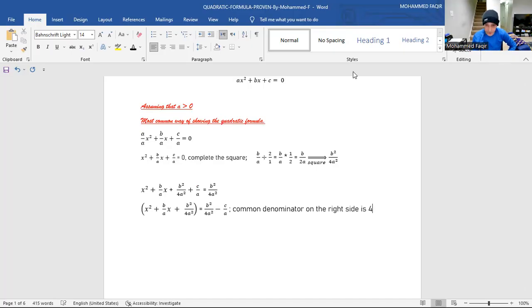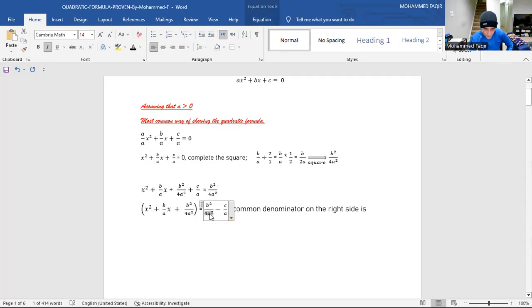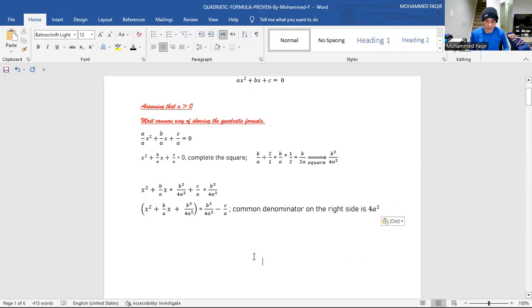Basically, I'm just gonna copy this 4a squared. I can't do that, but I can do it probably here. Okay, I copy it. I have to format the characters as we go, but I'm just gonna go a little quickly, and at the end, I'm gonna format. Then everything will be clear.